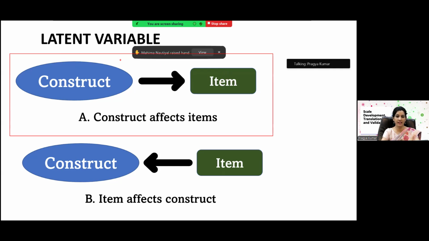So basically the construct is affecting the item. Like you can recall depression. So depression is a construct, and if I write that I am feeling low most of the time, this is an item. So construct is affecting the item. Remember, construct is affecting the item. So the direction of arrow is from construct to item.